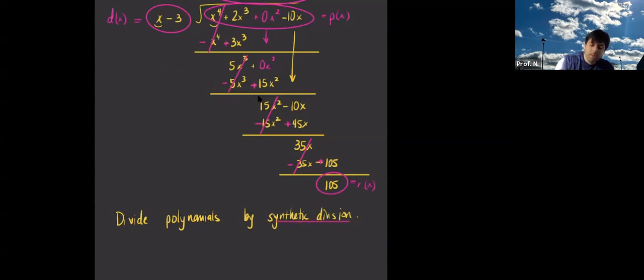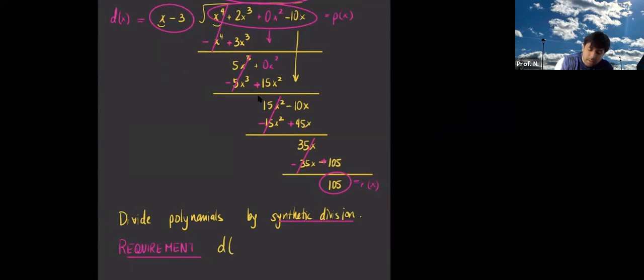The only requisite, so this is a requirement, the only requirement that's needed for this is that the divisor, d of x, has to be in the form x minus a, where a is a constant. That is the only requirement.